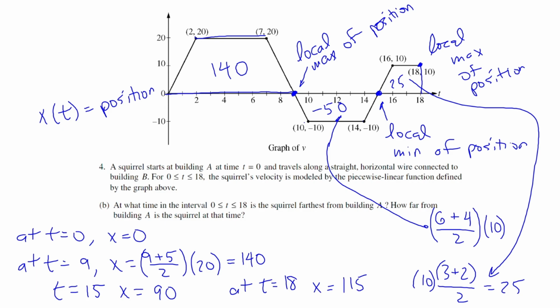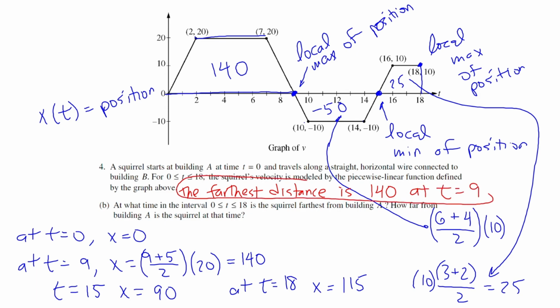So the time that it is the furthest away is t equals 9, and it's going to be 140 away from the building. So we'll write something like the farthest distance is 140 at t equals 9. And that'll be our answer here for this.